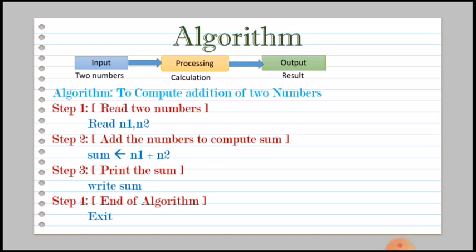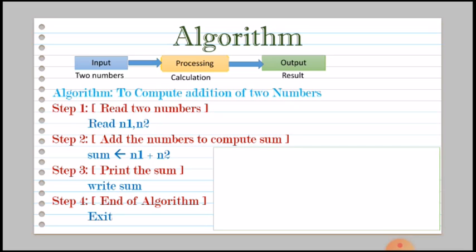The statement written in square brackets is just to understand what is happening in that particular step. So the same algorithm you can write as: in the first step we are taking input, that is, we are reading two numbers n1 and n2.